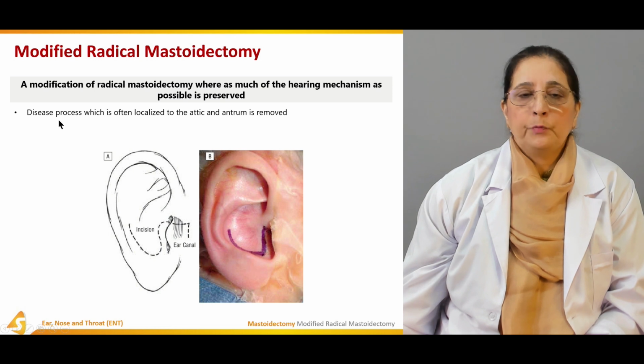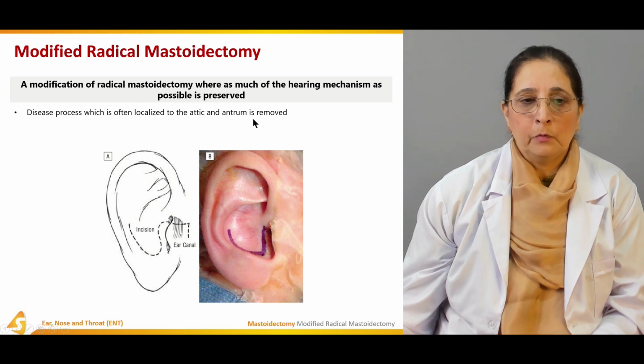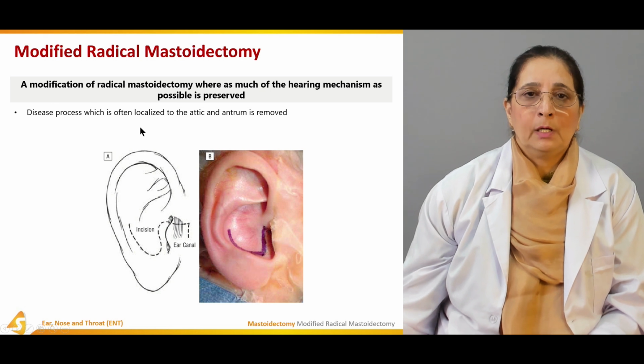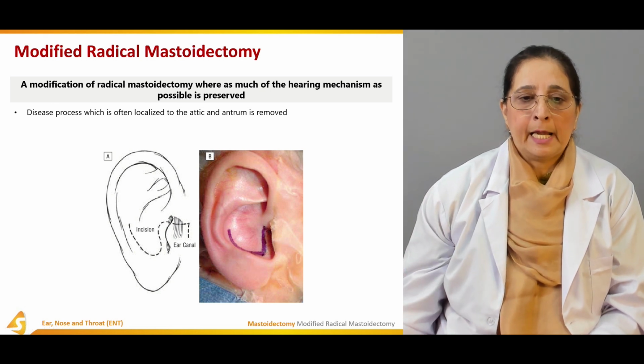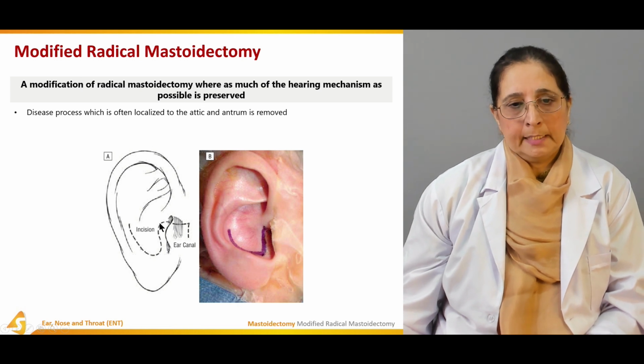The disease process, which is often localized to the attic and antrum, is removed. So in this, the disease which is limited to the antrum and the attic is removed. That's the incision that is given here.